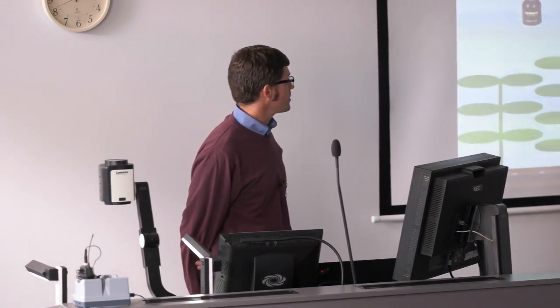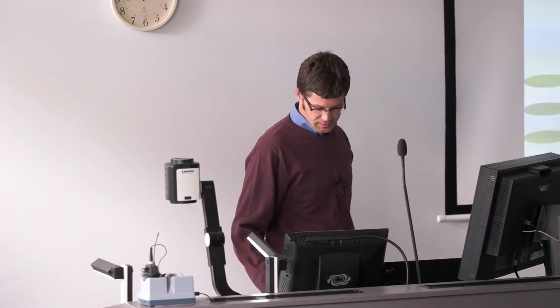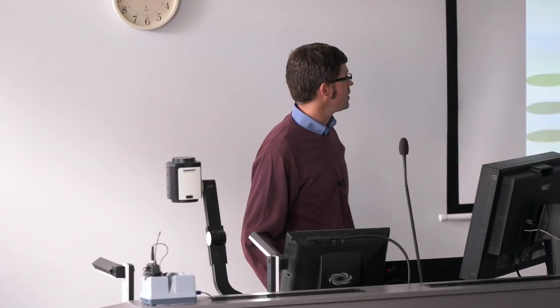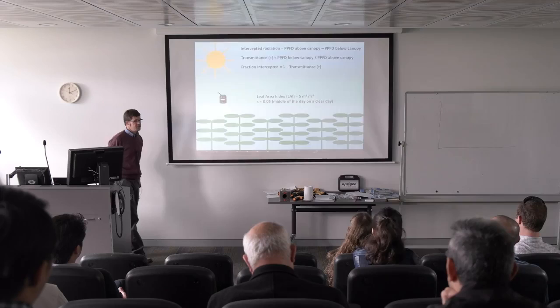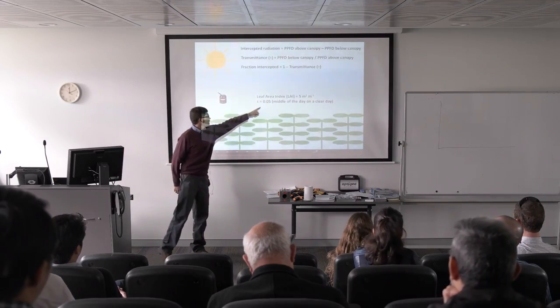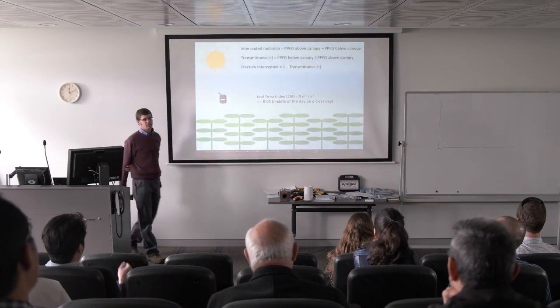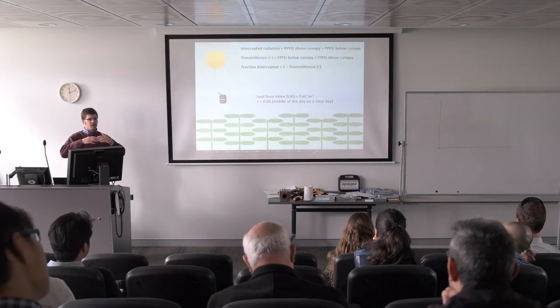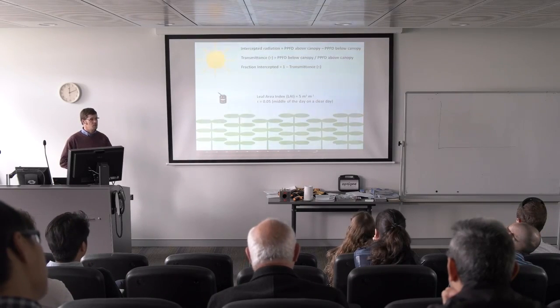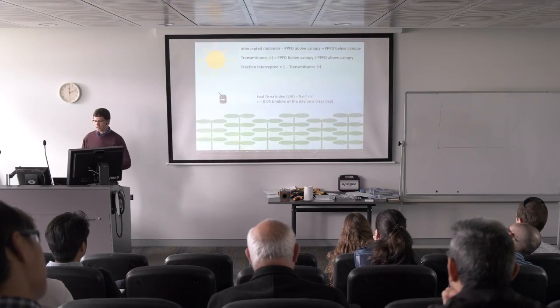If we were to move to something like this, where we have a much higher leaf area index, say something on the order of 5 meters squared per meter squared, in the middle of the day on a sunny day, the transmittance would be about an order of magnitude lower. Closer to 5% of the radiation above the canopy is going to get transmitted to the soil below the canopy.